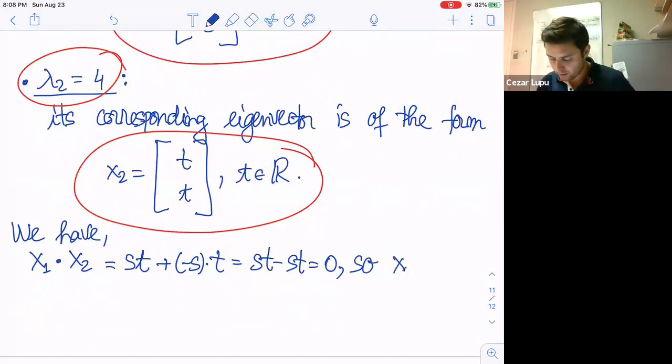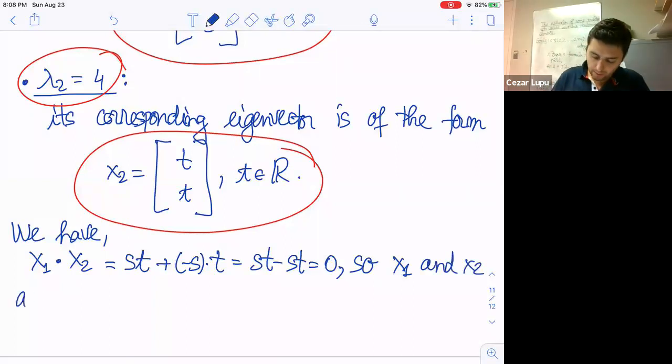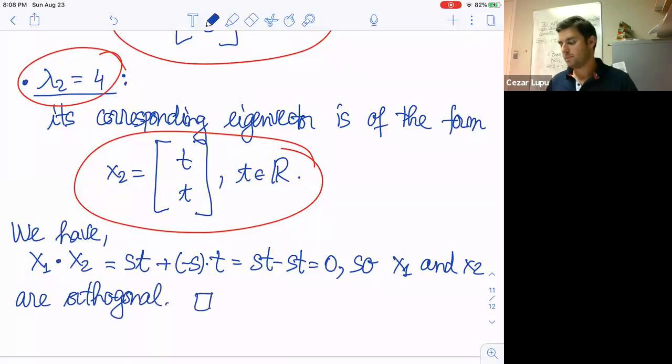So x1 and x2 are orthogonal, and clearly the theorem is valid. We have seen it applied through this example.